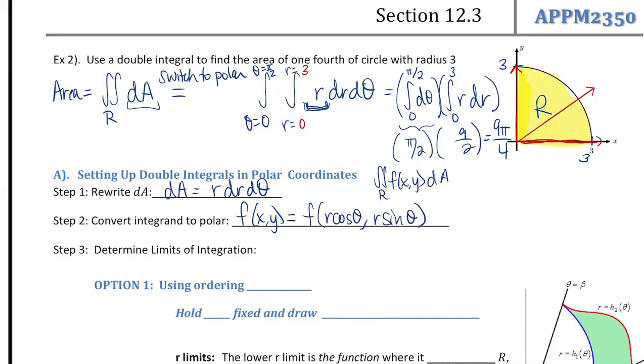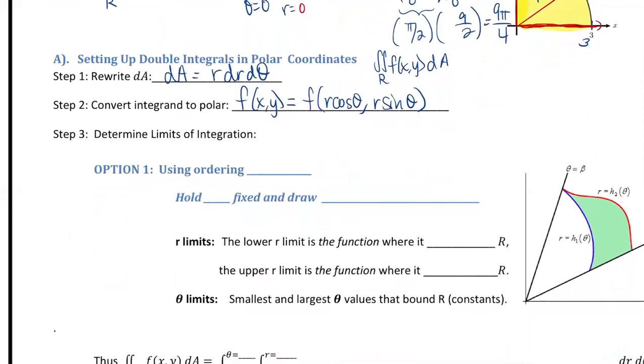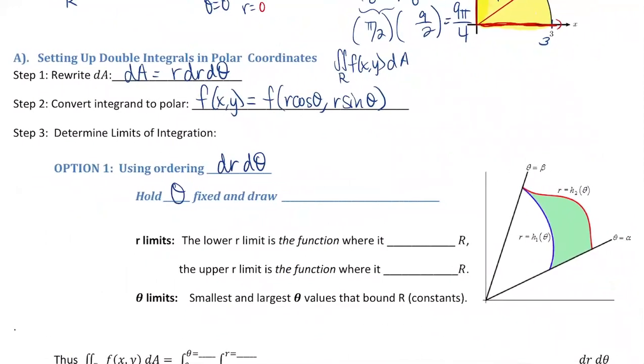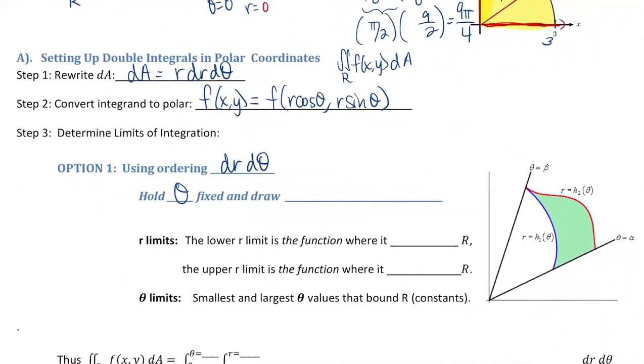And then we need to figure out how to find our limits. So let's suppose we're going to do the ordering dr d theta first. In that case, we're imagining we're fixing theta, and we're going to draw an r line radially outward from the origin, just like we did above. So let's just show an example.